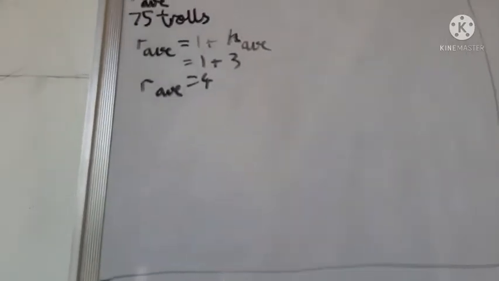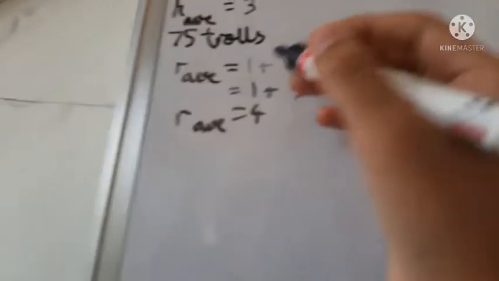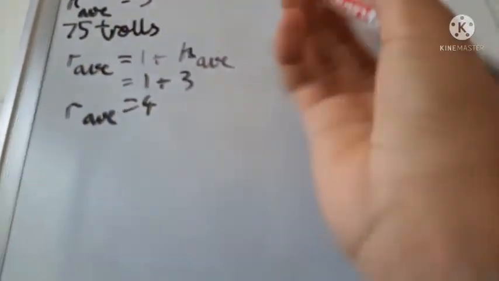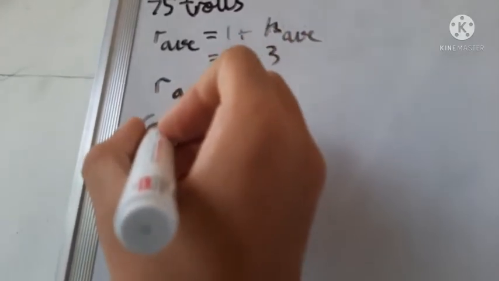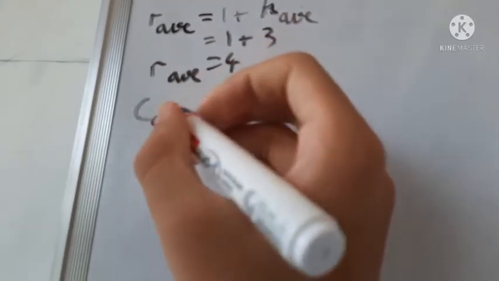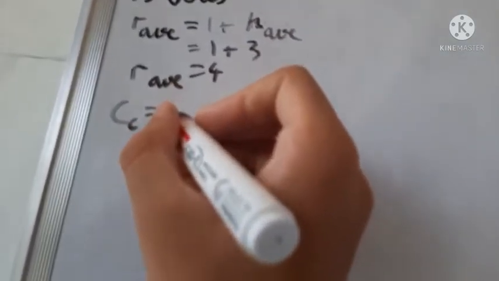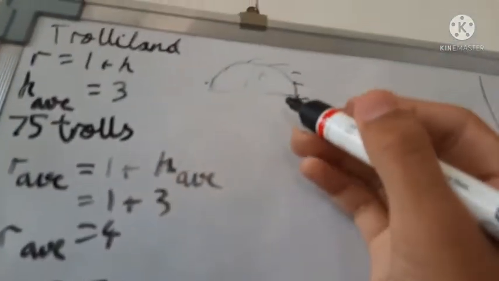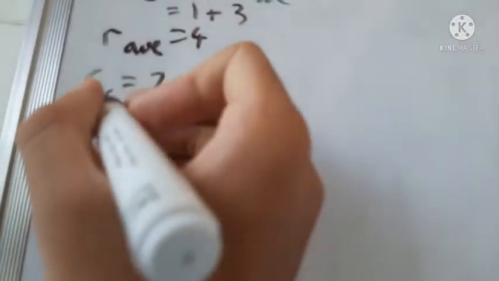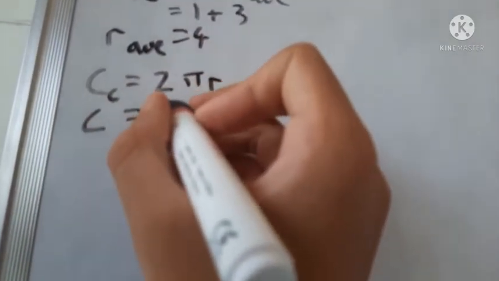So for finding the total amount of length, first, we know that the circumference of a circle is 2 pi r, but since we have only a half circle, in this case our C would be pi r, simply pi r.